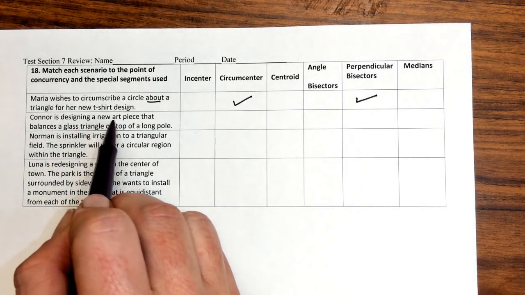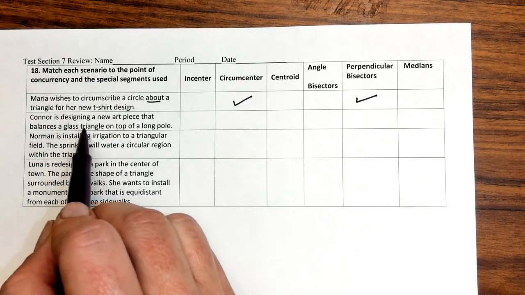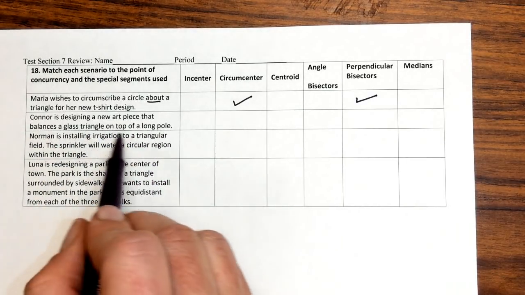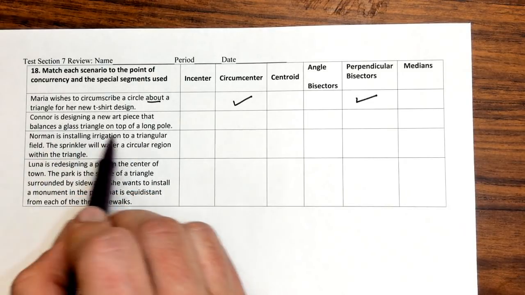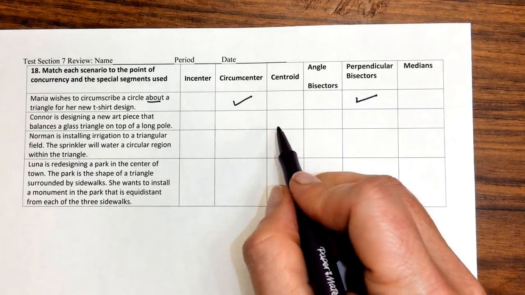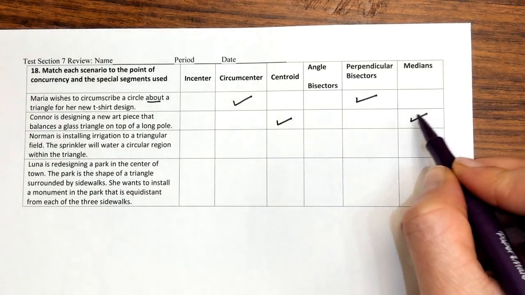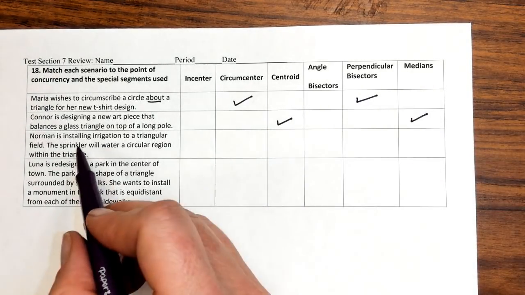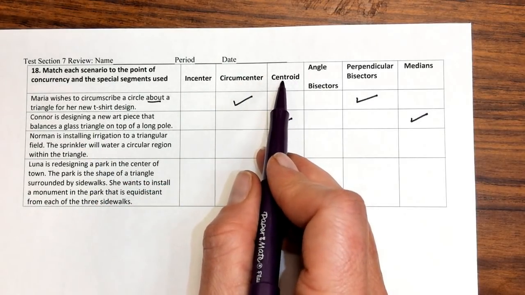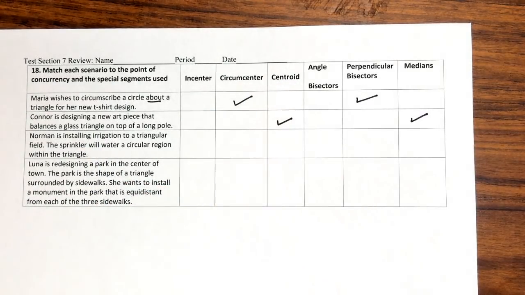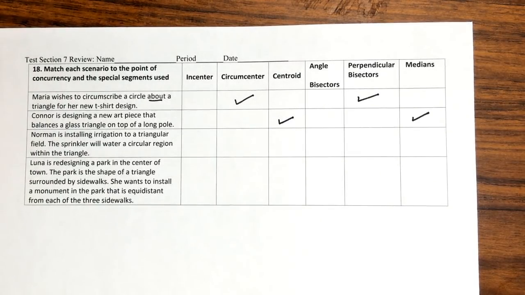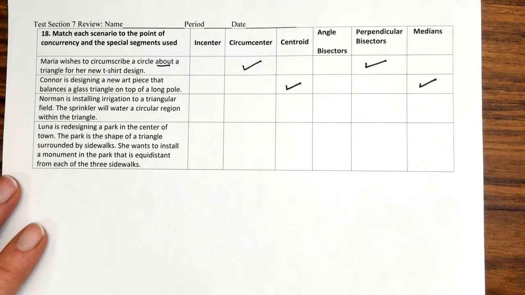Connor is designing a new art piece that balances a glass triangle on top of a long pole. Some of you did not get the same review on this, but it's important to know that this is a centroid, and centroids are made by medians, and the medians cut the triangle into 3 areas.